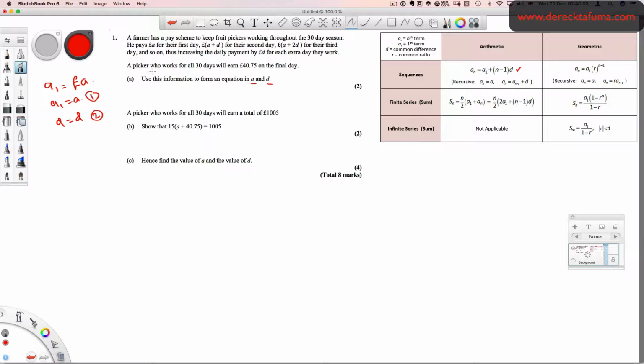So a picker works for all 30 days, so n equals 30.